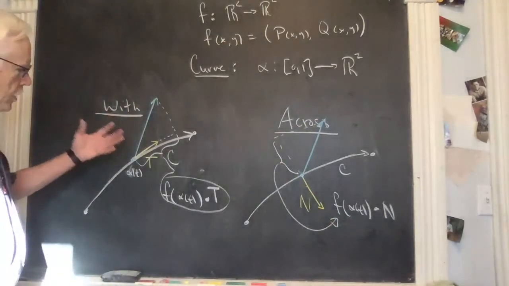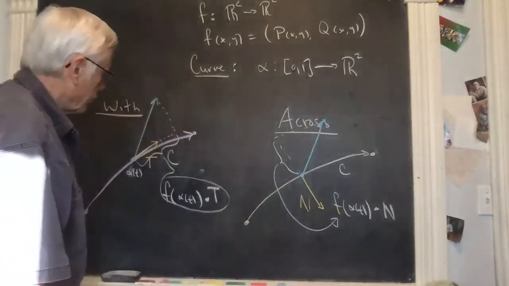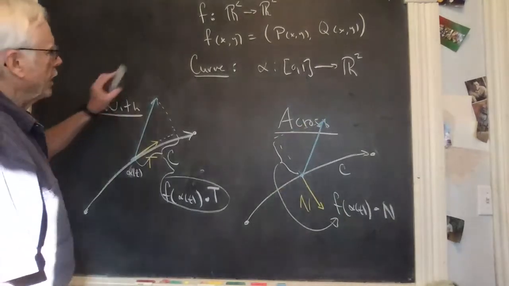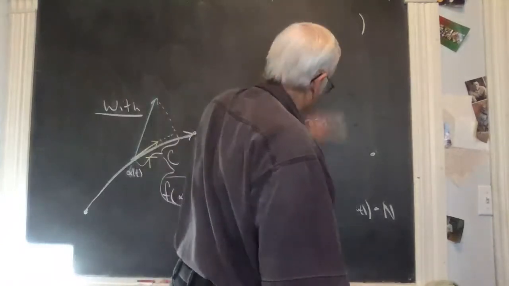And these are the two integrals that we're going to do. We're going to integrate this and integrate this on C. So let's do one at a time. So let's do the width first.